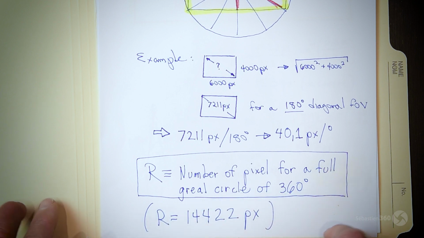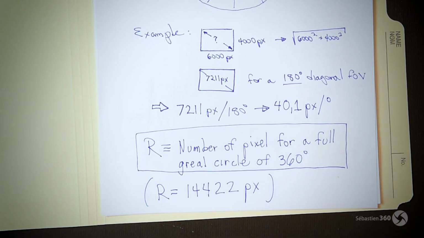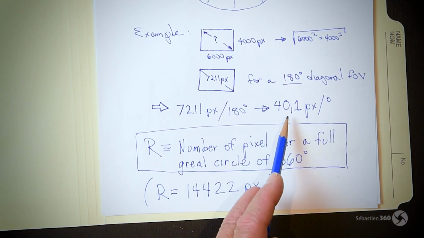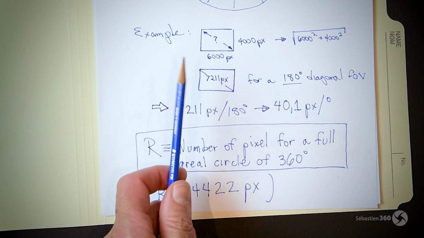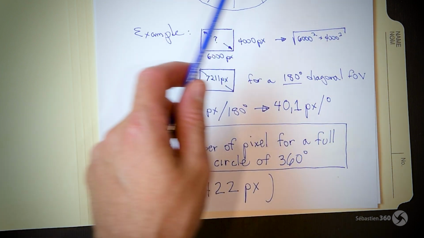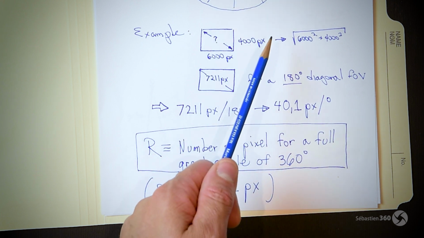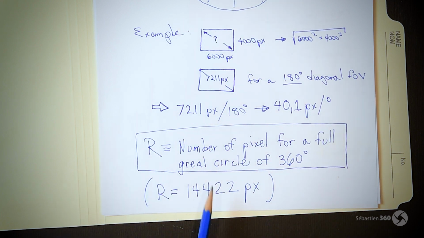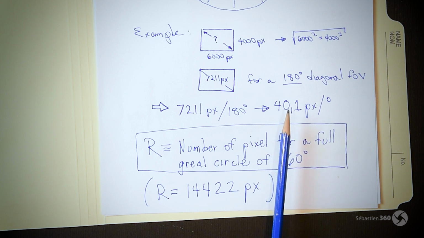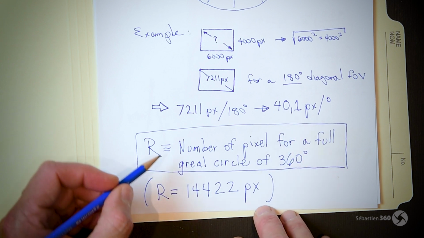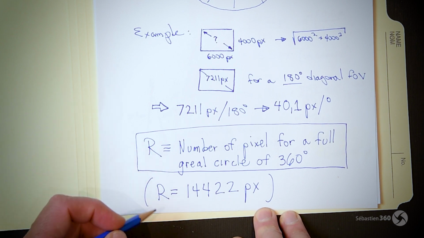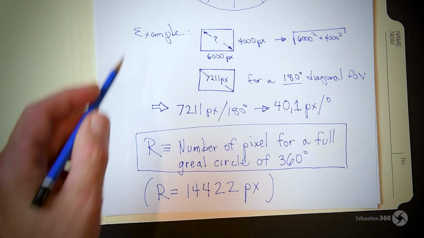for every degree. This is very interesting because now with this information, we know that if we make a full circle panorama with this camera or with this rig, we will end up with 360 times 40 pixels, which is 14,000 pixels. This is a variable I call R, which is the total resolution for a full circle.